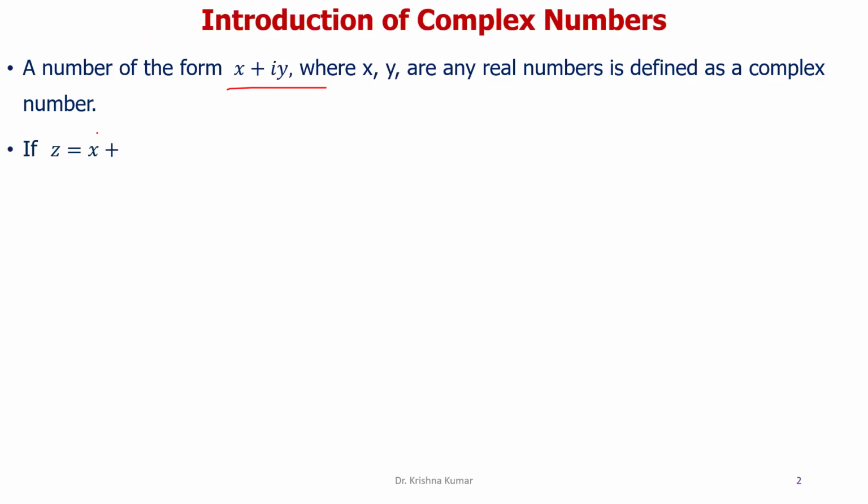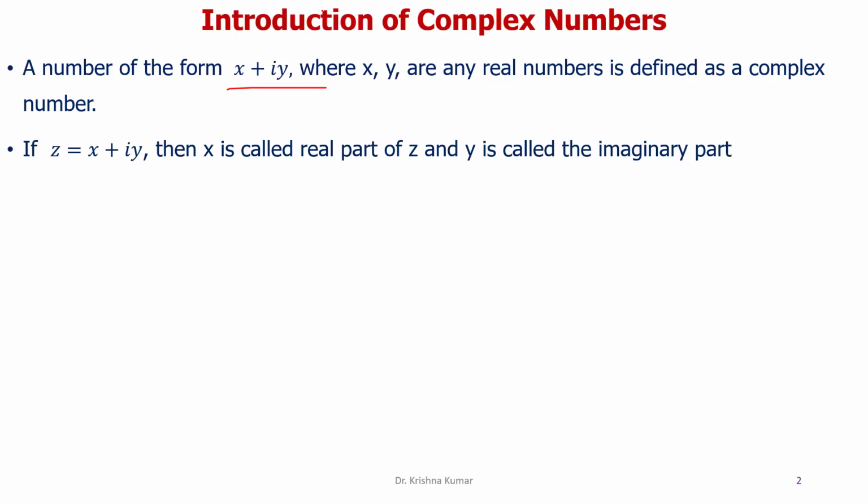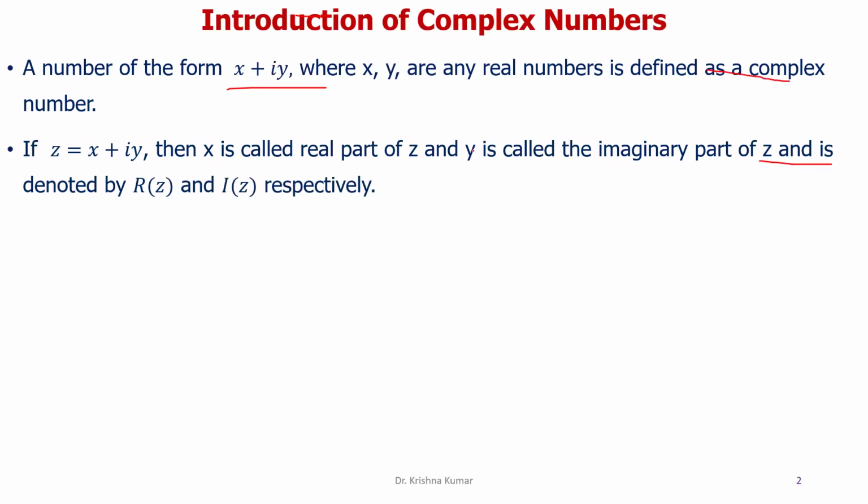If z is equal to x plus iy, then x is called the real part of the complex number z and y is called the imaginary part of z, denoted by R(z), the real part of z, and I(z), the imaginary part of z, respectively.